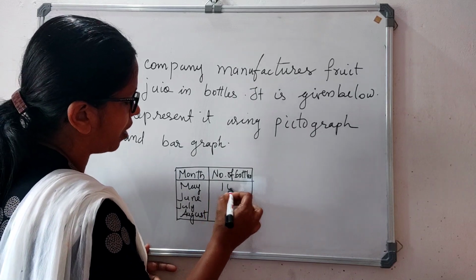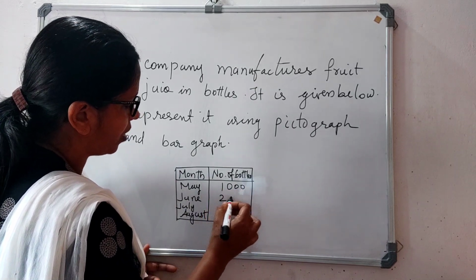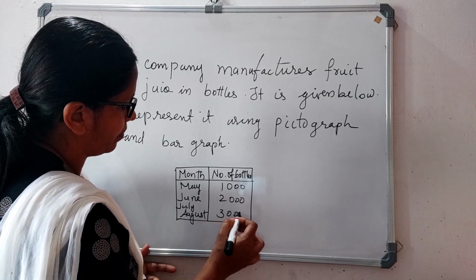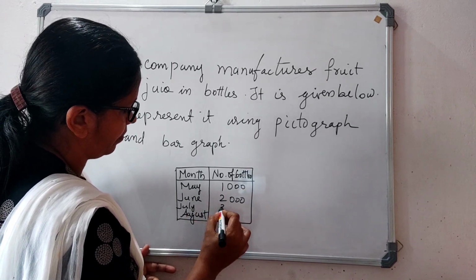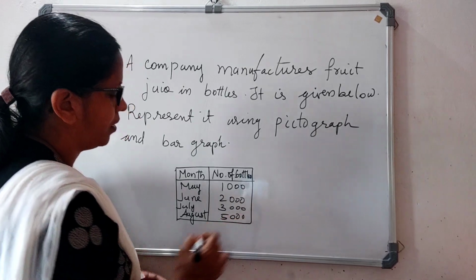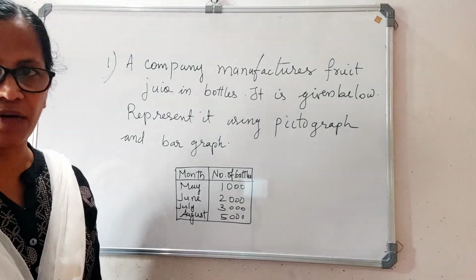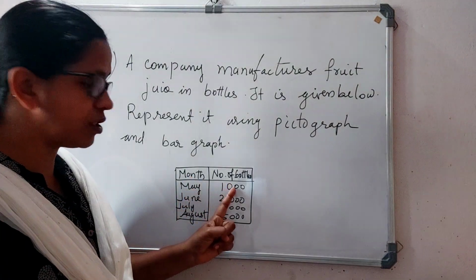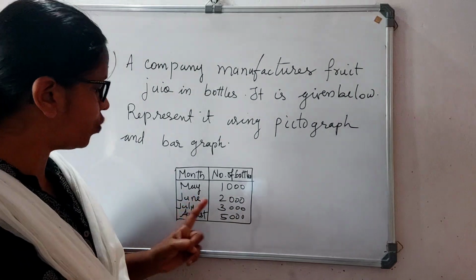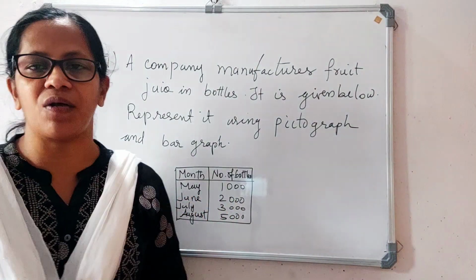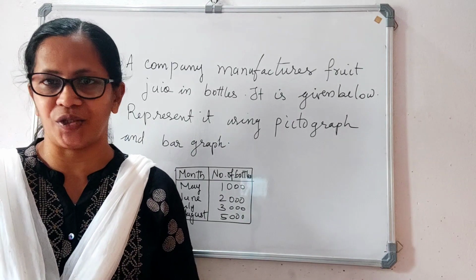Given here are 1000, 2000, 3000 and 5000. This is the information given. In the month of May, 1000 bottles are produced. June 2000, July 3000, August 5000. This is the question. Hope the question is clear to you.